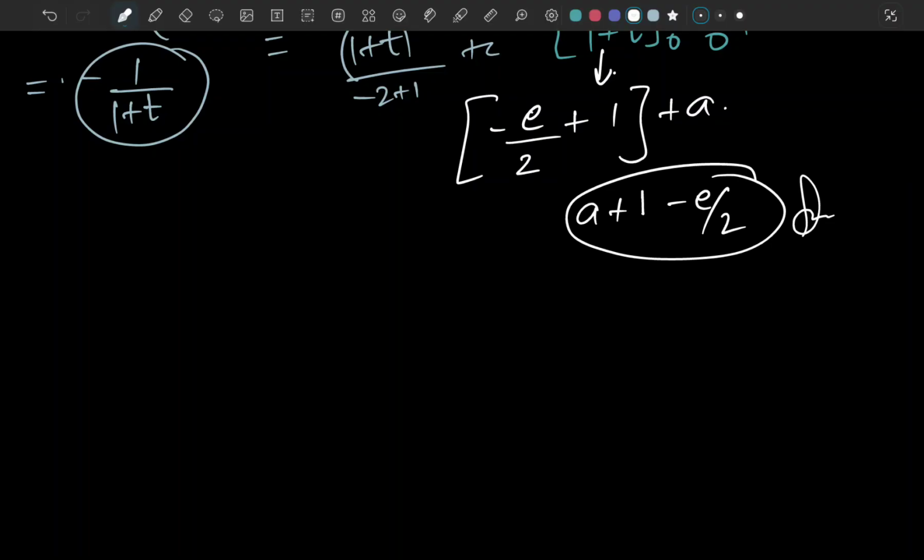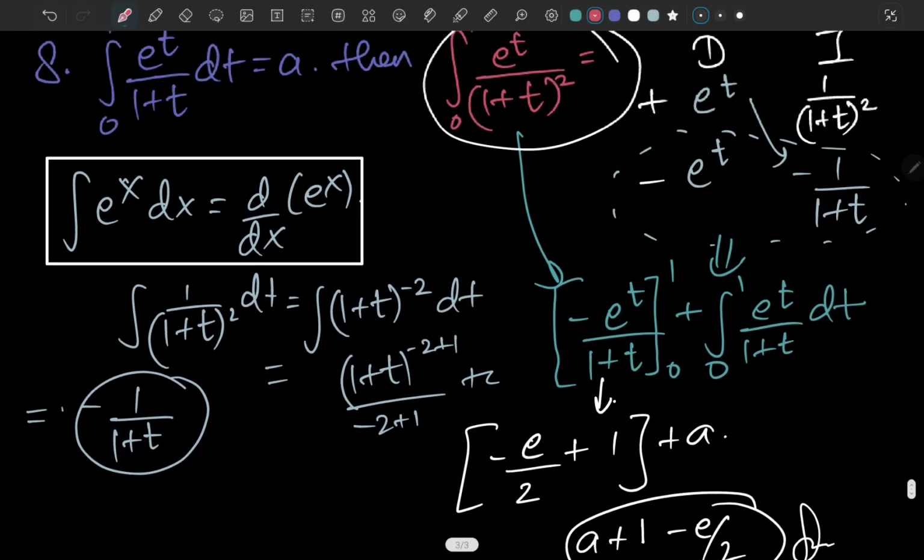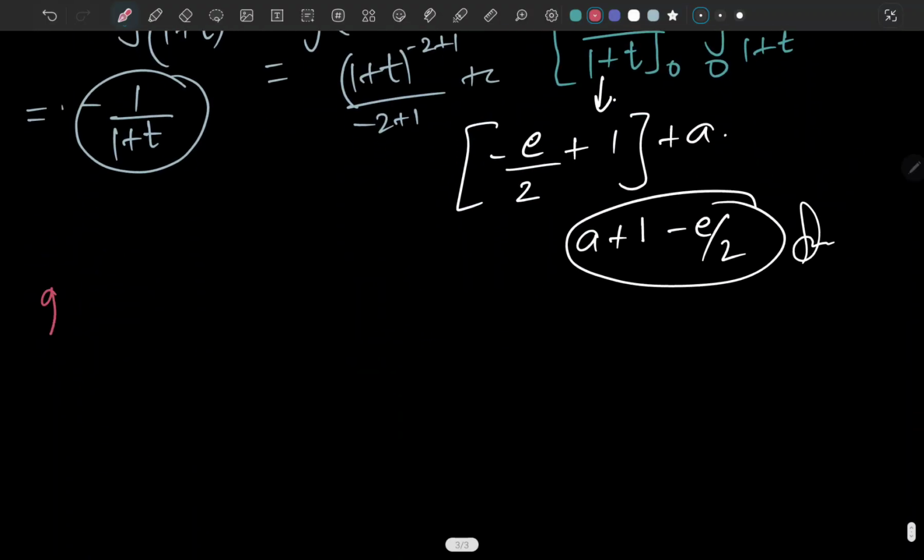Okay, and now we are heading towards the second integral. This integral is going to be the last MCQ type integral, that is ninth number, and I'll take another one for 10th for your convenience.